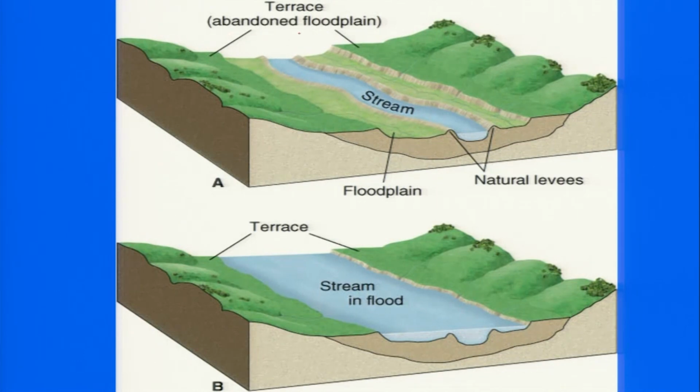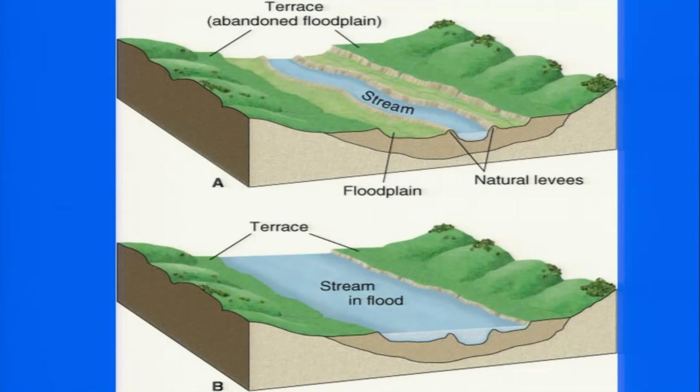Terraces are nothing but the abandoned floodplains of the same stream. Then there is a slightly elevated portion observed in most areas along the stream, the natural levees. If you take the profile shown here, you have the channel boundary or the bed of the channel, then the elevated portion, and then it slopes away from the channel on both sides.